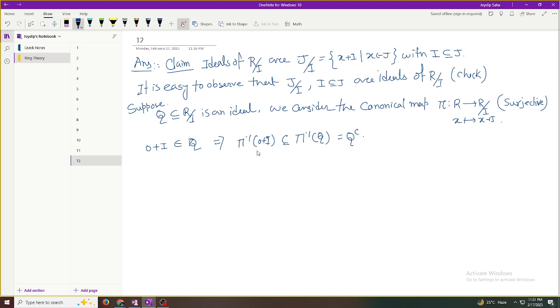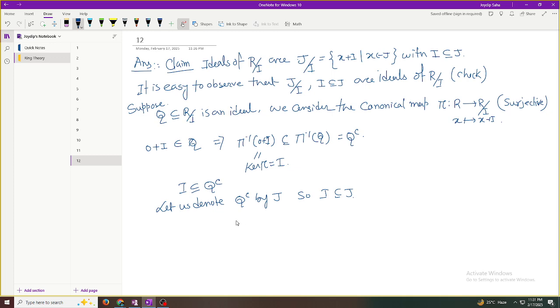Now what is pi inverse of 0 plus I? That is kernel pi, which equals I. So I is a subset of Q contraction. Let us denote Q contraction by J. So I is a subset of J.